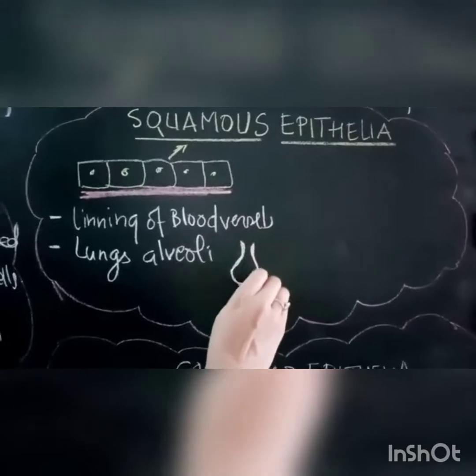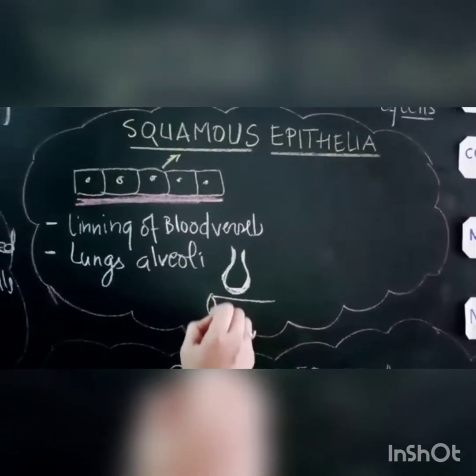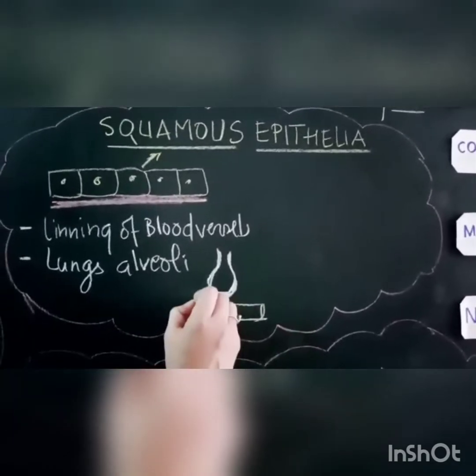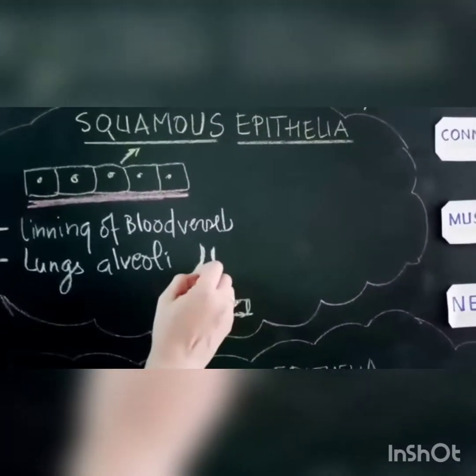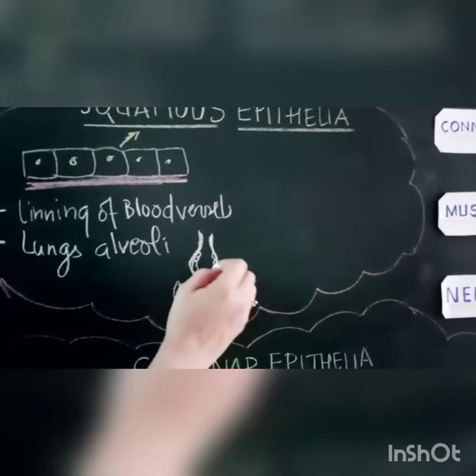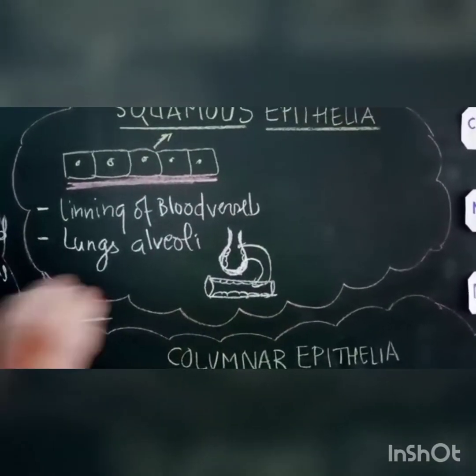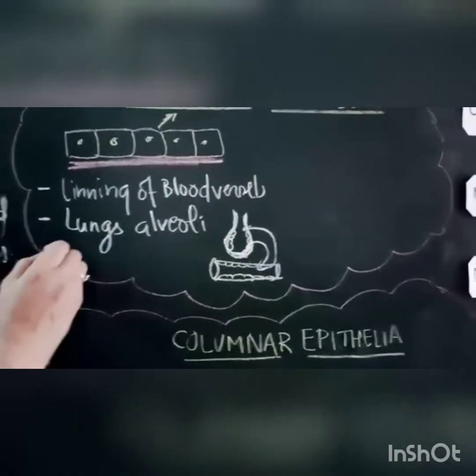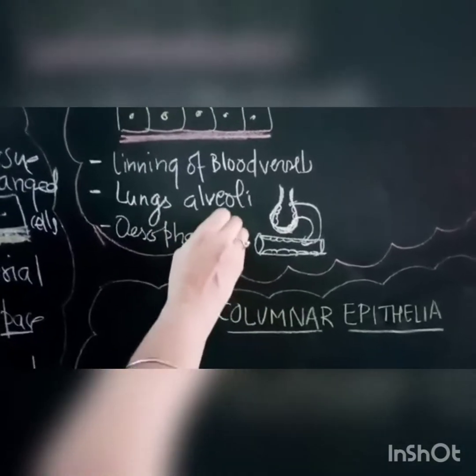So the membrane of the alveoli is made up of squamous epithelium. The blood vessel's membrane is also made up of squamous epithelium, and the lining of lung alveoli is also made up of squamous epithelium, so that the diffusion of gases can easily take place. So it's very thin in form. Esophagus and the lining of mouth.